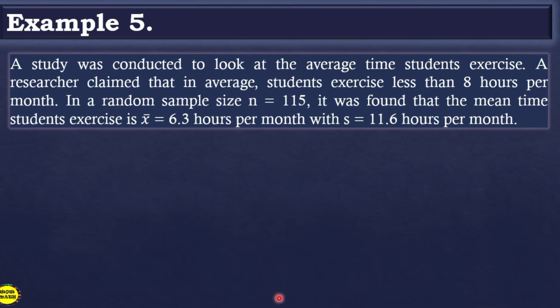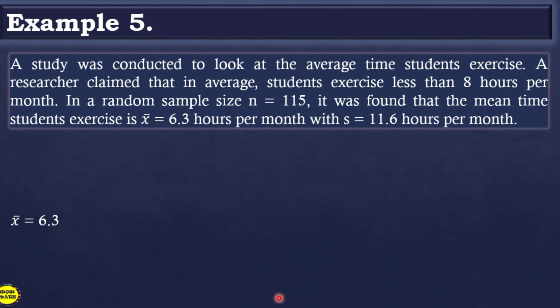Next. A study was conducted to look at the average time students exercise. A researcher claimed that on average students exercise less than 8 hours per month. In a random sample size of 115, it was found that the sample mean is 6.3 hours per month with the sample standard deviation of 11.6 hours per month. So what are the given data?